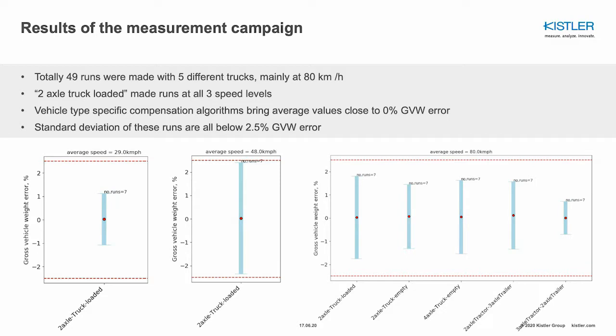And so we see all standard deviations are below 2.5%. Looking at only one speed level, we get even below 2% standard deviation.